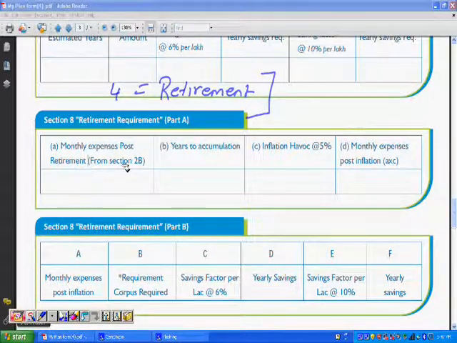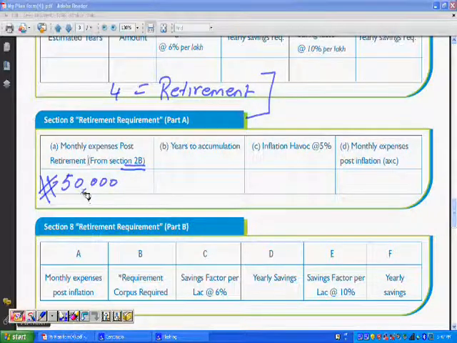So if you remember, in section 2b, where we had mentioned current expenses, we'd also mentioned expenses that would be required if you retire today, and we had taken an example that we would need 50,000 here, if you can recall, right? I would suggest you go to video 1 if you're new, because this was covered in video 1 and this is video 4 now.